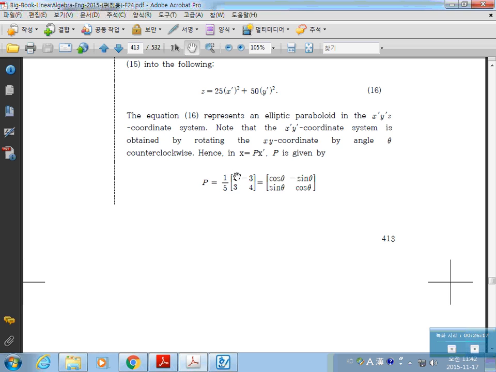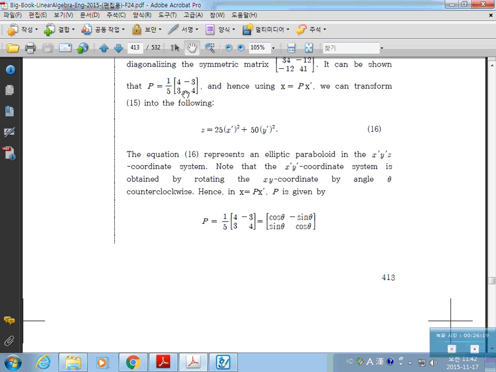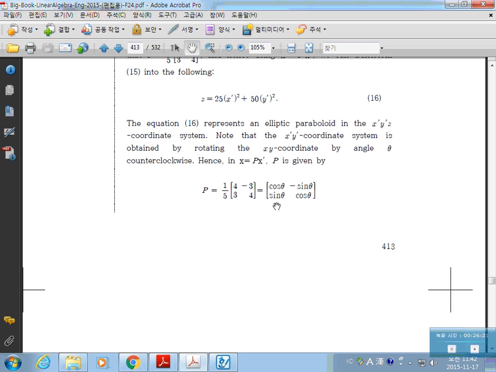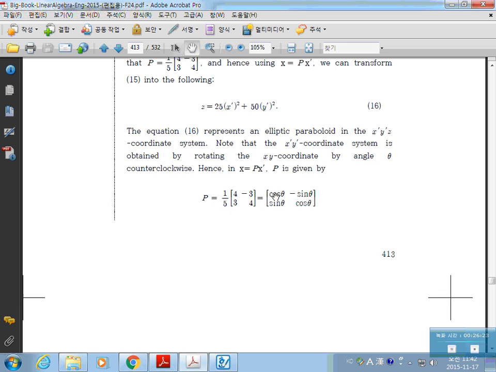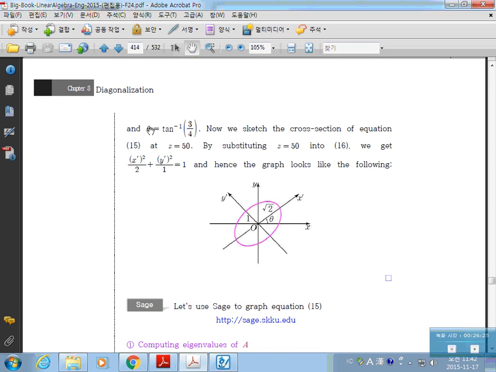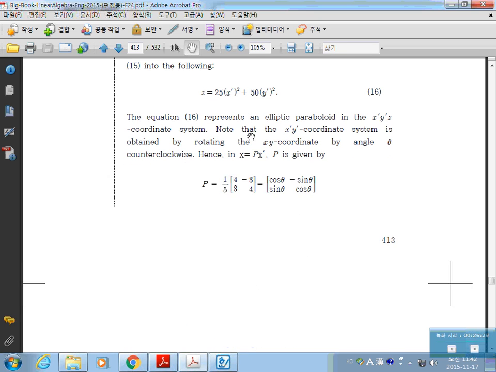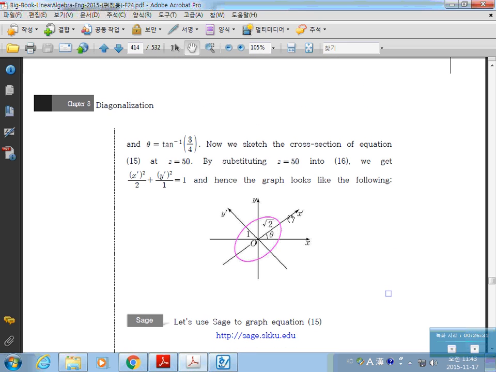From here, it is rotated theta counterclockwise, so theta is arctangent of 3 over 4. So now we sketch the cross section of the equation at z equal to 50.